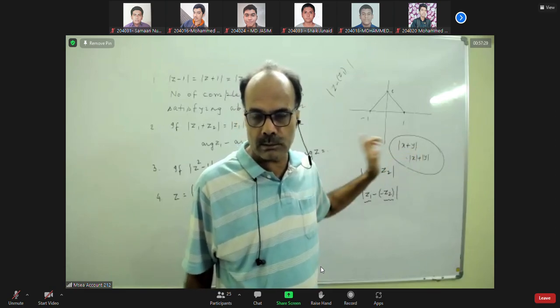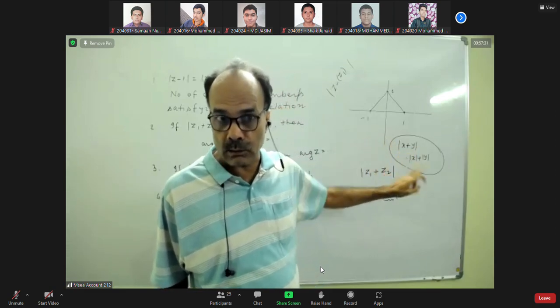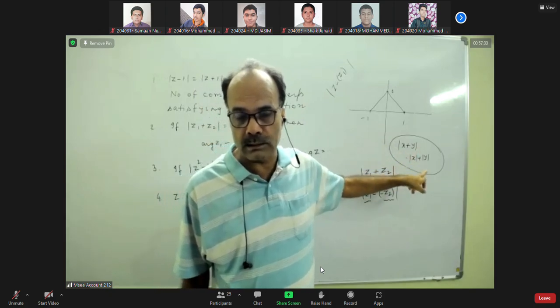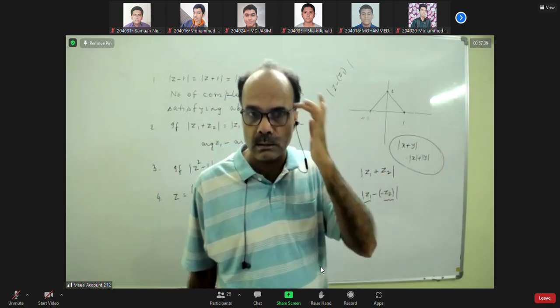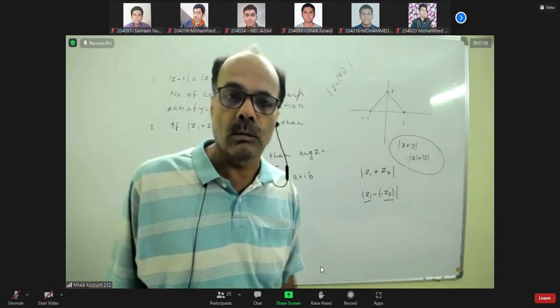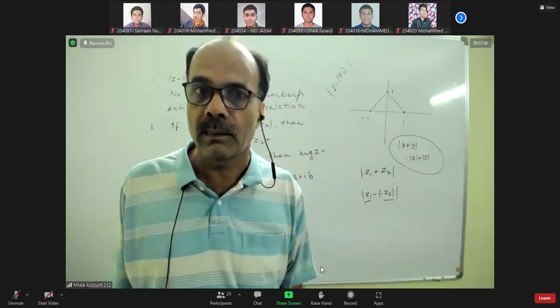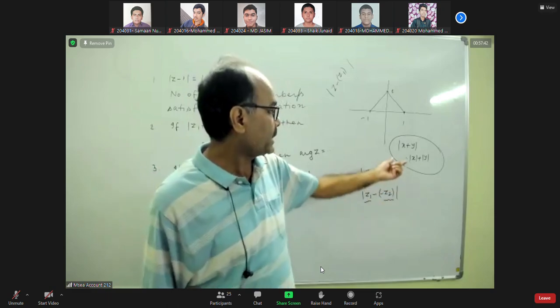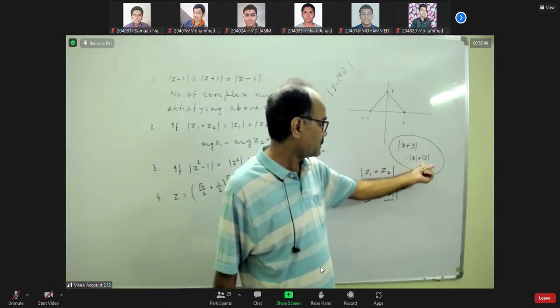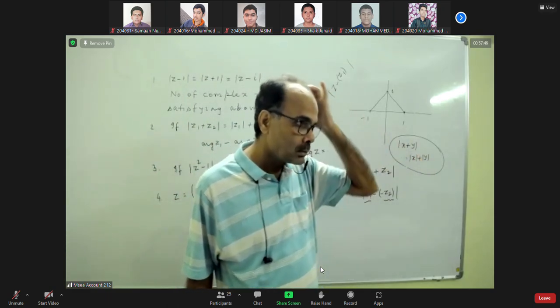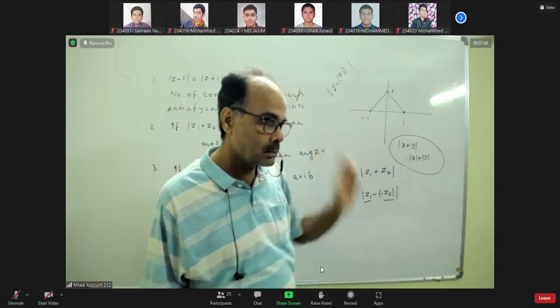But equality holds. Triangular inequality: |x + y| is less than or equal to |x| + |y|. The sum of two sides is greater than or equal to the third side.